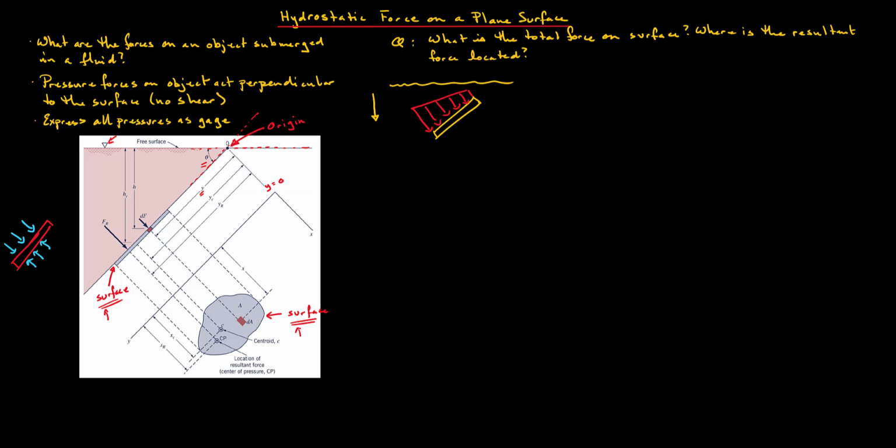And so what we are saying here is, what is the resultant force? So what is the equivalent single force which has the equivalent magnitude as this distributed pressure force? Okay, and this is shown over here in our schematic.